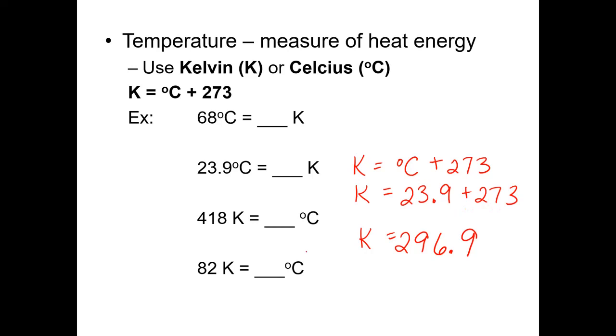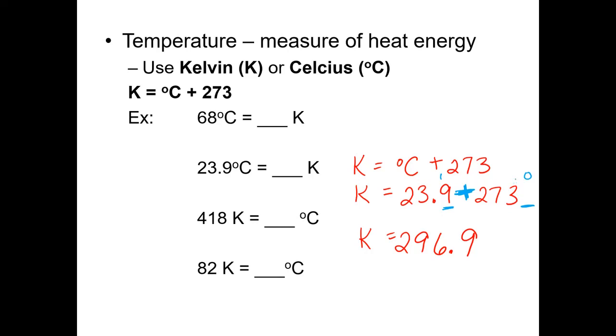Now in math class, you would probably stop, but I've already taught you how to round to the appropriate number of sig figs. So we're going to have to take this answer and check, do I have the correct number of sig figs? I want you to notice that we are adding. So your rules for adding and subtracting say when you get your final answer, you need to look at your original numbers and look past the decimal. How many sig figs do you have past the decimal for each of the numbers you used? This one would be 1, this one would be 0.